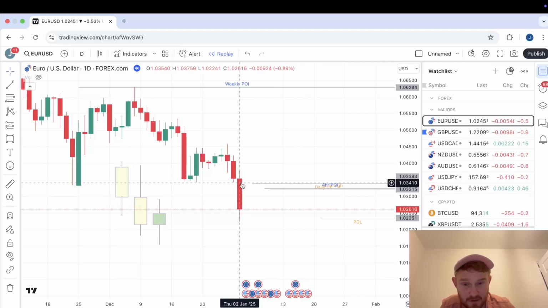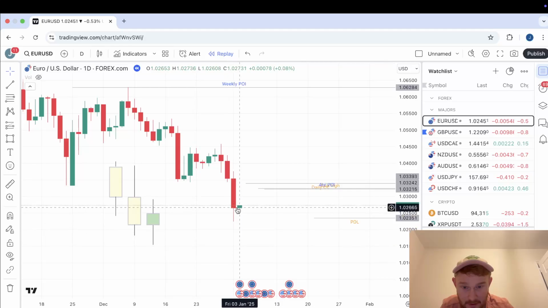Then price rolled over and started to become bearish again, pushing all the way down here before there was a little bit of, I guess, support, a little bit of momentum found, which then forced price to come up here and close up here.